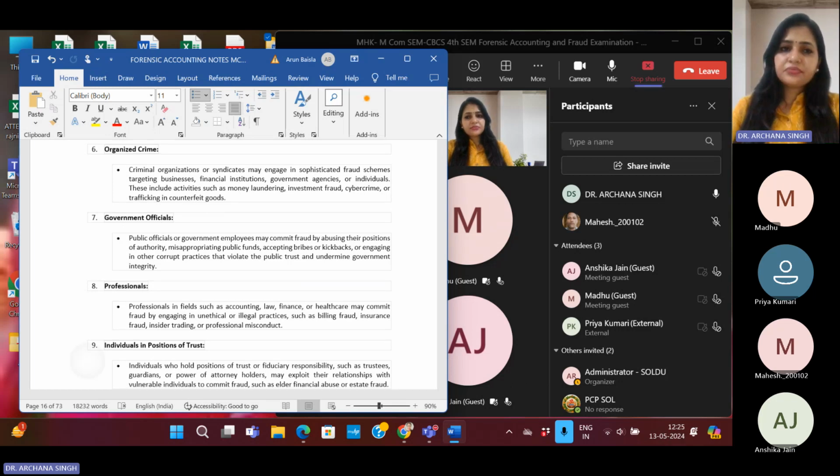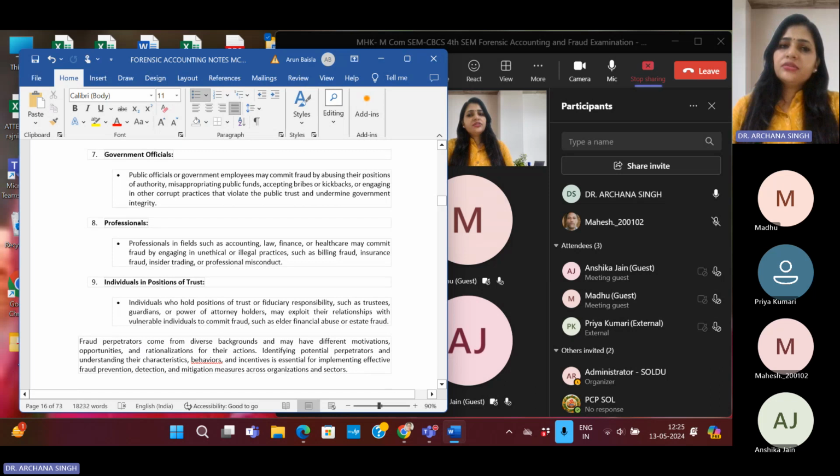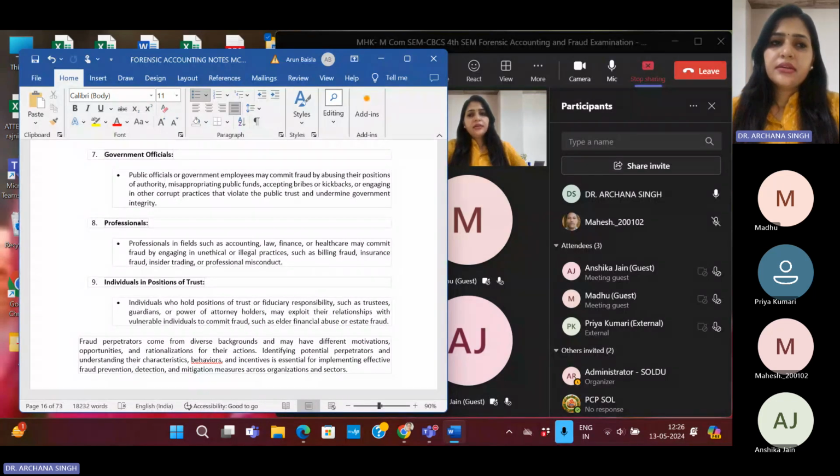Then government officials, or public officials, you can say government employees, may also commit fraud by abusing their positions, by making wrong use of their positions, misappropriating public funds, accepting bribes, engaging in other corrupt practices that violate the public trust and undermine government integrity.